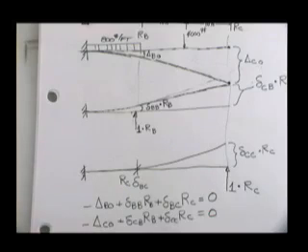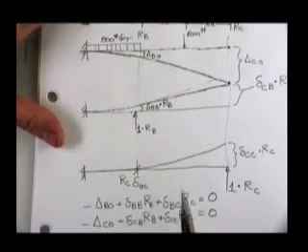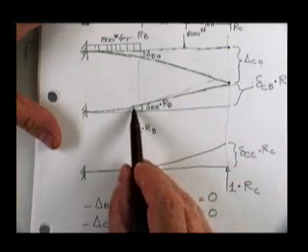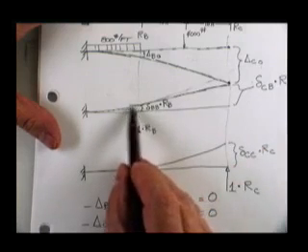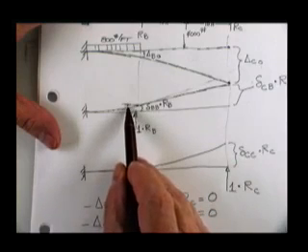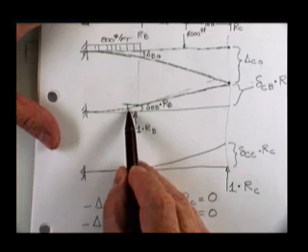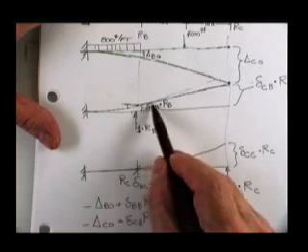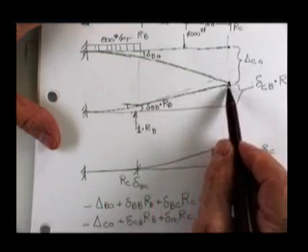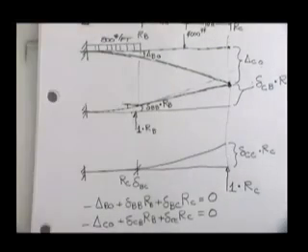Now, your tables would not give you this deflection. Most of the books actually would. Most of the books will tell you the slope on the end of the cantilever beam, and they'll give you an equation for theta. And knowing that this is a straight line, you could find out how much higher it goes just due to that slope.